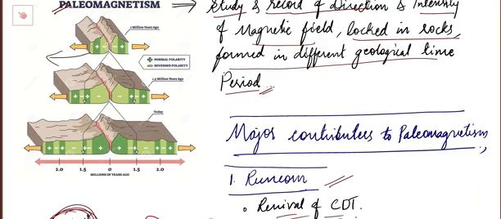If you consider this is the ridge, or mid-oceanic ridge, where spreading takes place on both the sides, this spreading is because of lava eruptions. There is seafloor spreading.